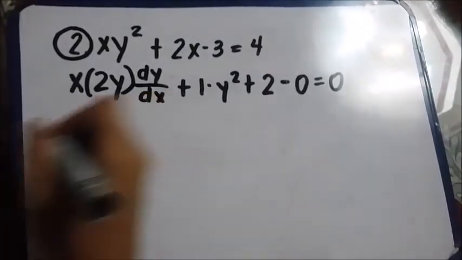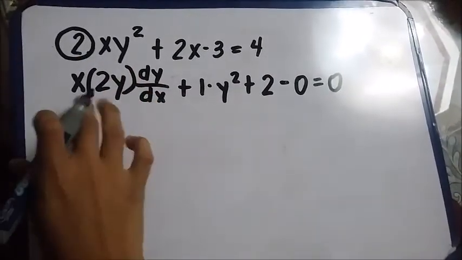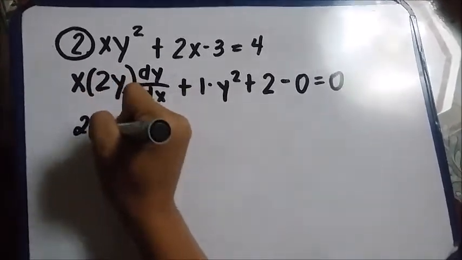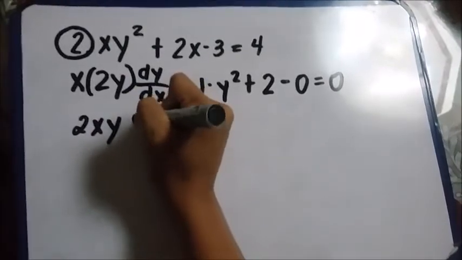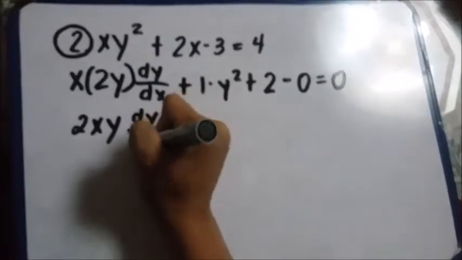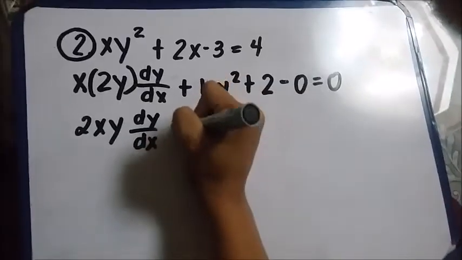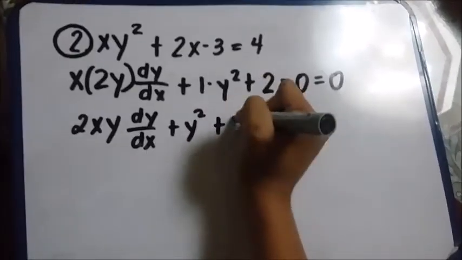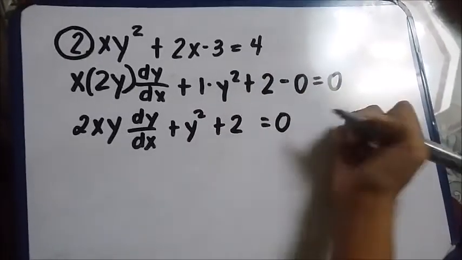Next, we are going to simplify them. 2x times 2y can be written as 2xy dy/dx plus y squared plus 2 equals 0.